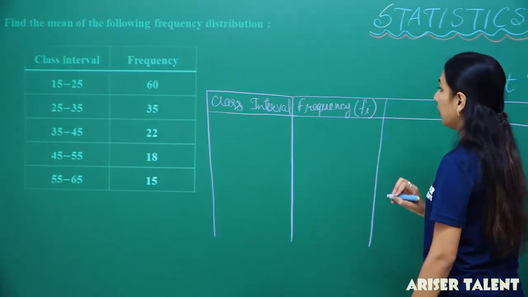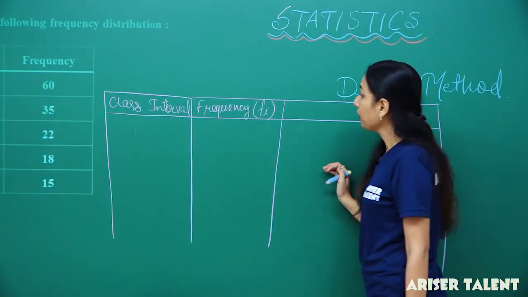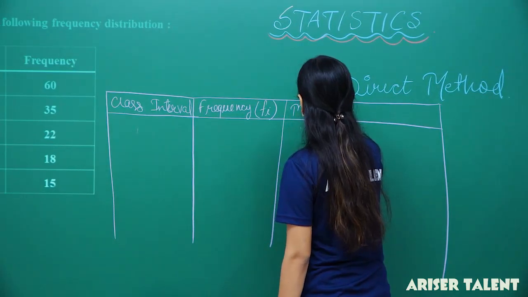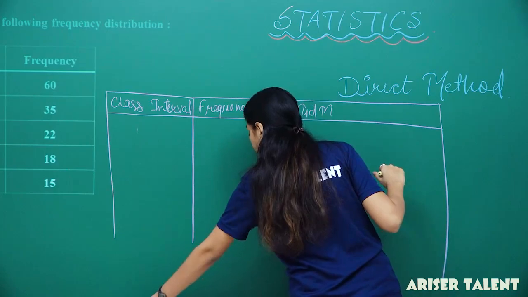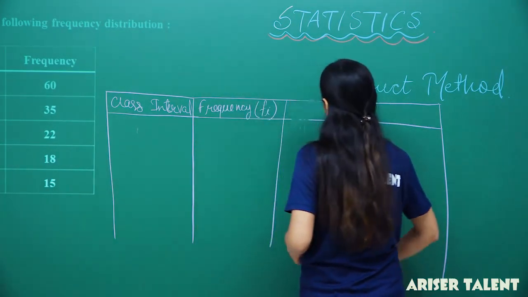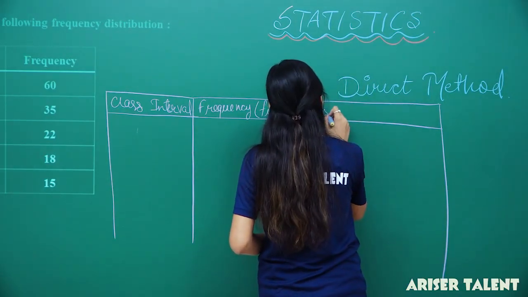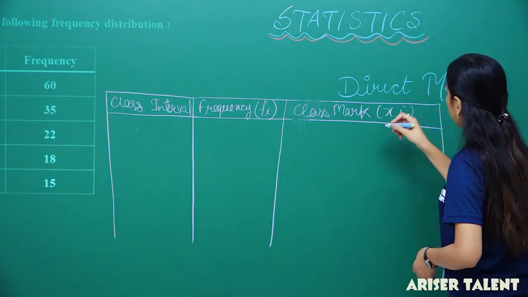Then we'll get the value of Xi. This is the mid mark, or class mark, the mid value of the class. So we'll write class mark here. Class mark is nothing but Xi.